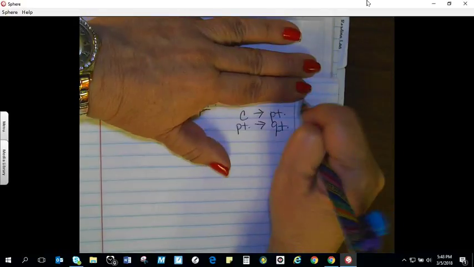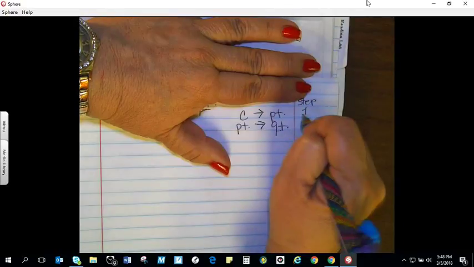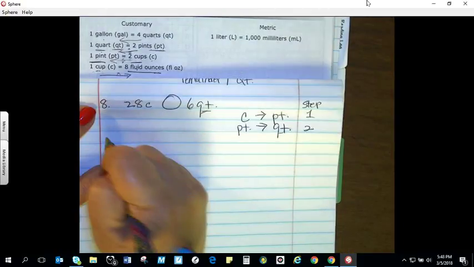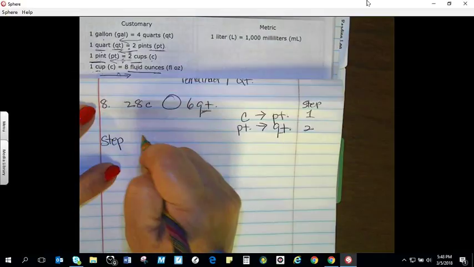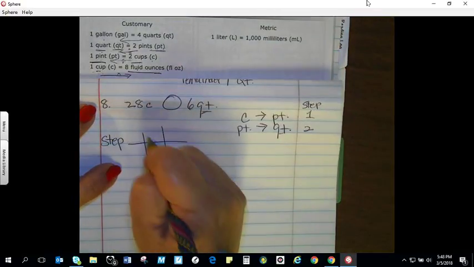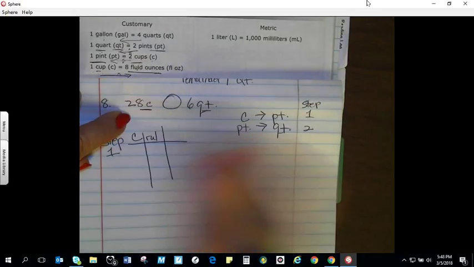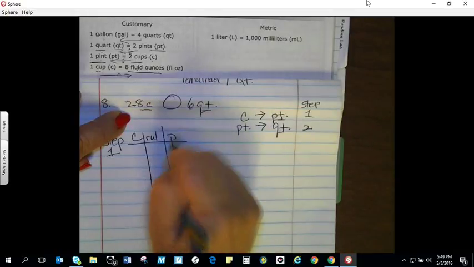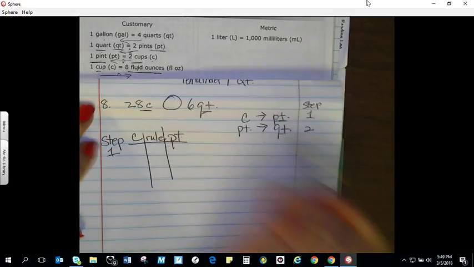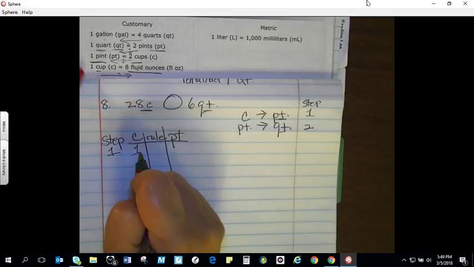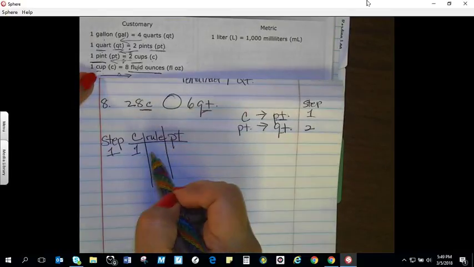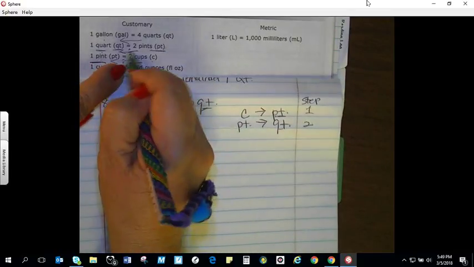Here's step 1 and 2. So step 1, I'm going to do my rule. I'm going from cups, because that's where I'm here, to pints, because I'm over here. I'm going to use my benchmark. So for every 2 cups, it's 1 pint.